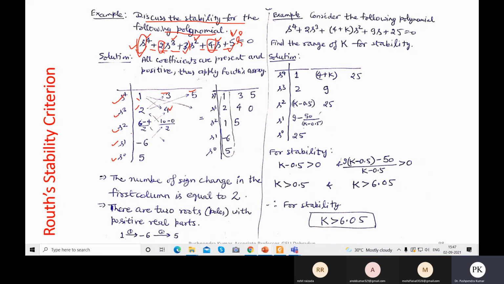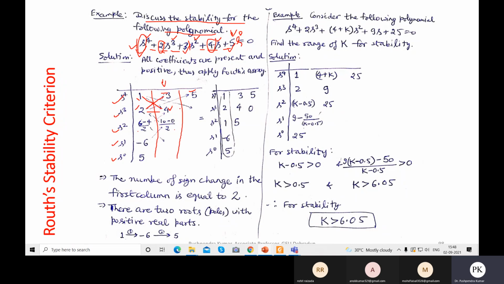Okay, now calculate the third row. So the first term will be equal to how much? This multiplied by this, 6, minus this multiplied by this, 4. So 6 minus 4, divided by 2, which gives 1. Now the second column in the third row.